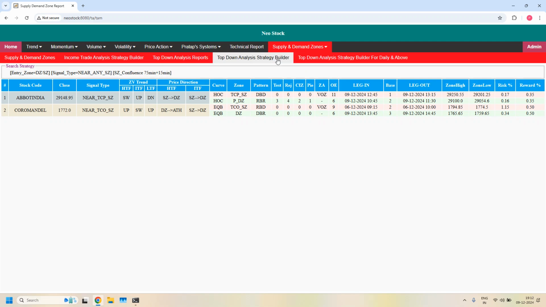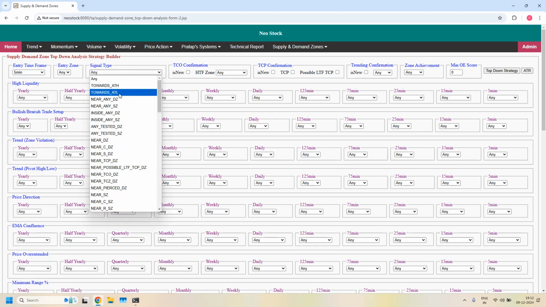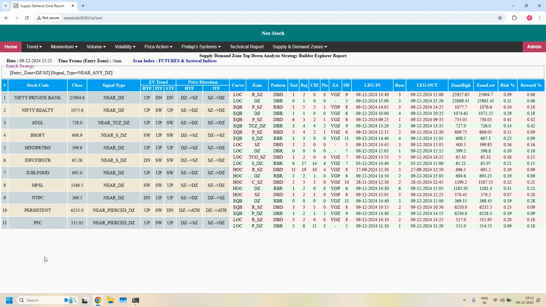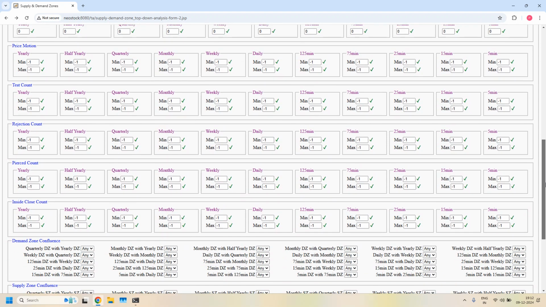Okay, next time frame is 5 minutes. Stocks near 5 minutes demand zone. 11 stocks are filtered. Let's identify ITF Confluence supported stocks. That is 5 minutes demand zone with 15 minutes demand zone confluence.